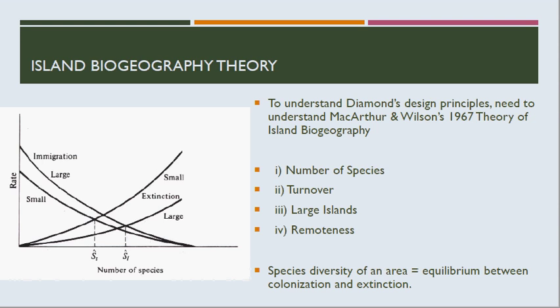So the theory of island biogeography was proposed to explain the numbers of species which are going to exist on a particular island based on how big that island is and how far away from a mainland it is. So the size of the island is going to have an impact on the number of species going extinct on the island, and the closeness of the island to the mainland is going to have an effect on the number of species which colonize or recolonize that island over time.